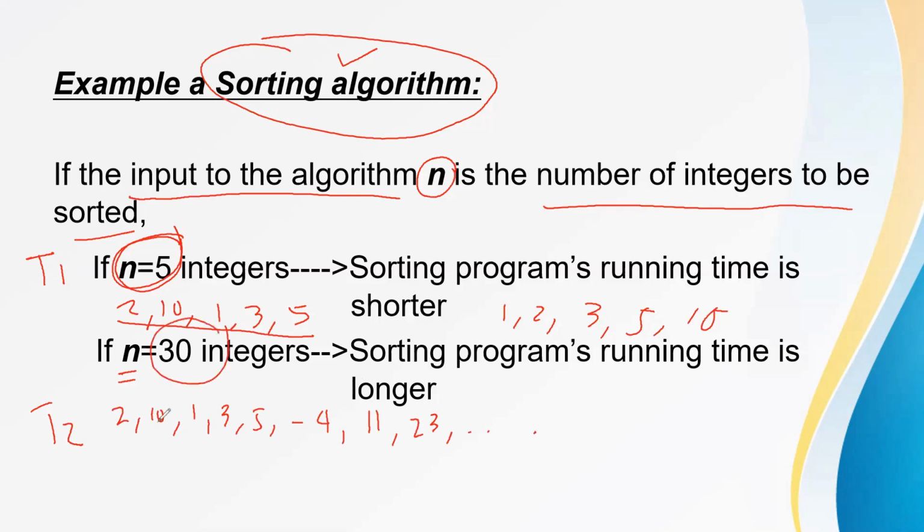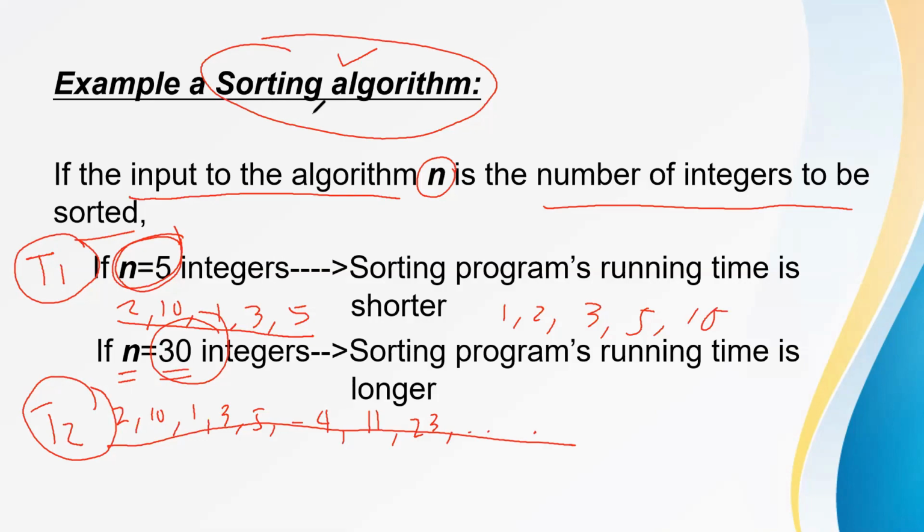There are 30 integers to be sorted. Now, do you think that the running time of the program at time t1 is the same as when you run it again, having 30 integers now to be sorted? Obviously, the answer is no.